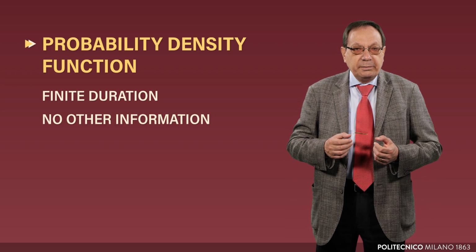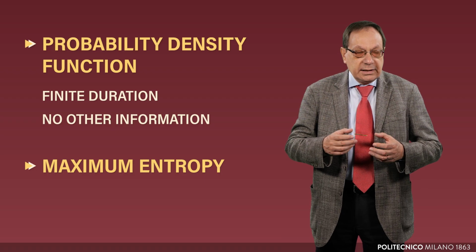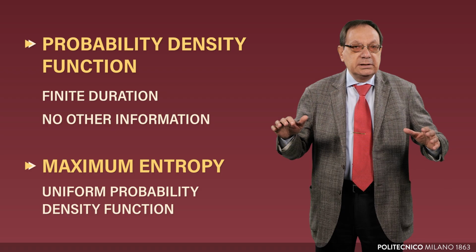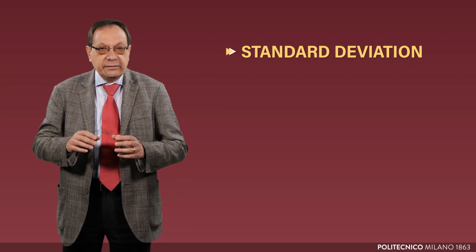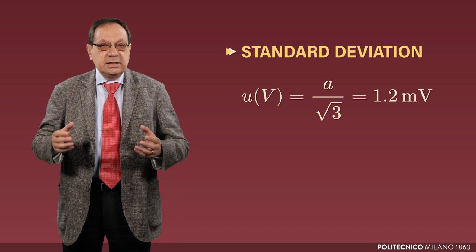We can therefore make reference to the principle of maximum entropy, which in this case leads to considering a uniform probability density function. Probability theory tells us that the standard deviation of this distribution is given by its half-width divided by the square root of 3, as you can see here.